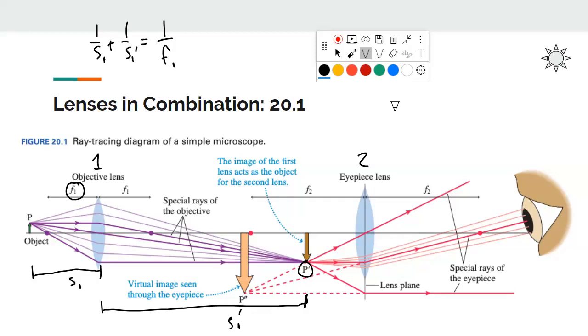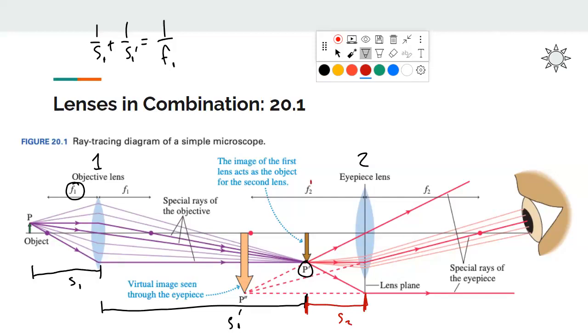However, the light from this point P prime isn't actually what our eyes see, because it now has to pass through the second lens. So now what we do is we say, how far is this point P prime, the image from the first lens, from the second lens? We call that S2, right? That's the second object length.